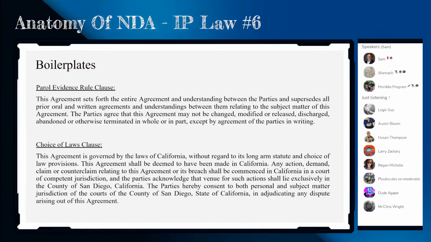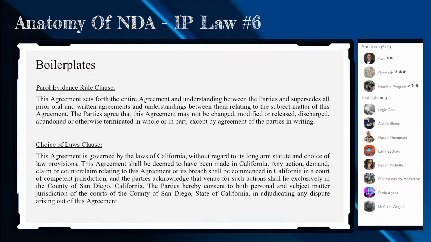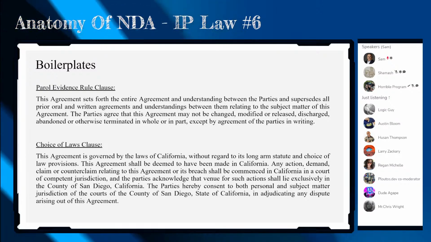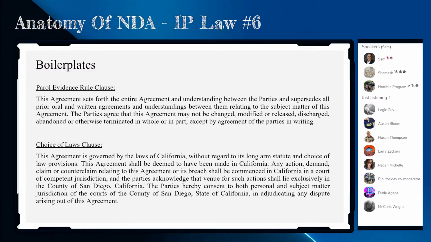Whose criminal law applies to this? California's criminal law or Arizona's criminal law? Because I shot you from California, but you died in Arizona. So there's the choice of laws.